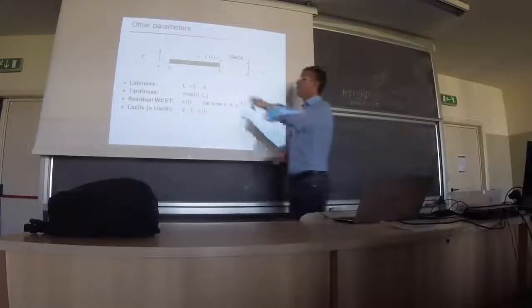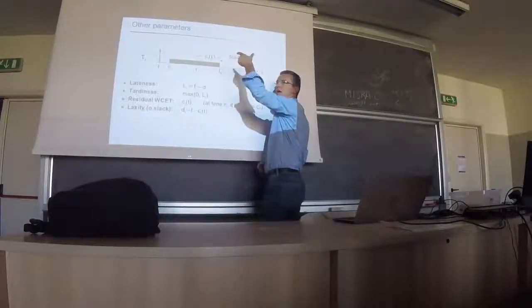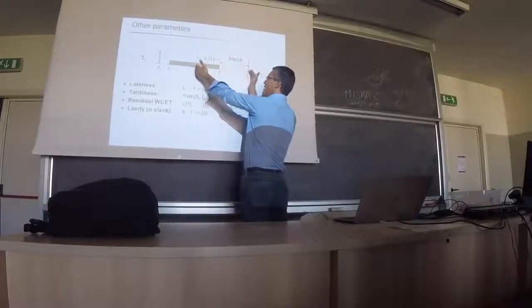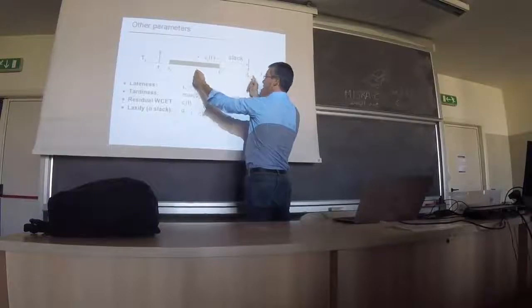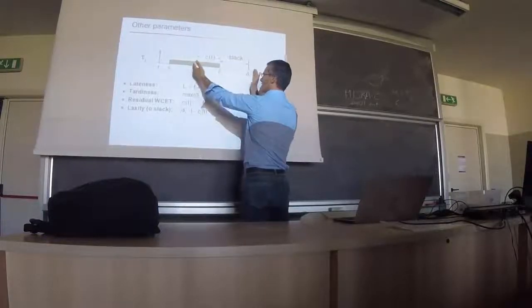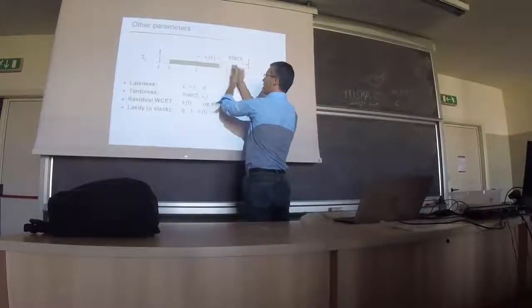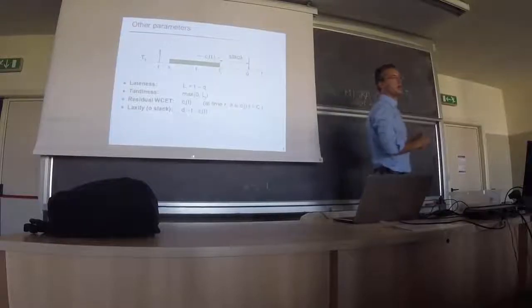If I'm at time t, how much slack do I have for that task to complete execution? So the slack is d_i minus t, minus c_i(t), and it can be computed at every time t.